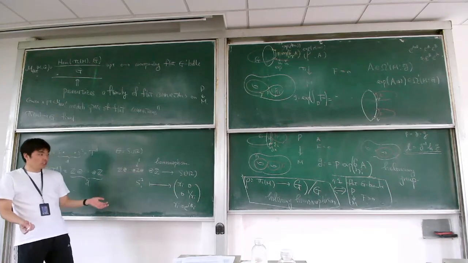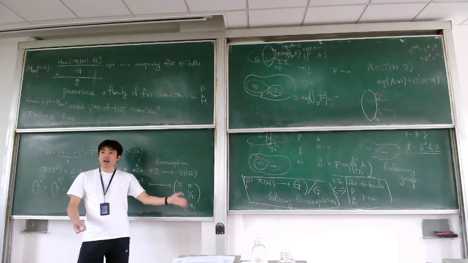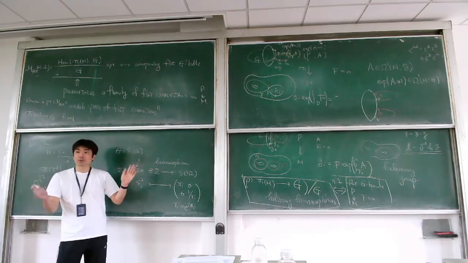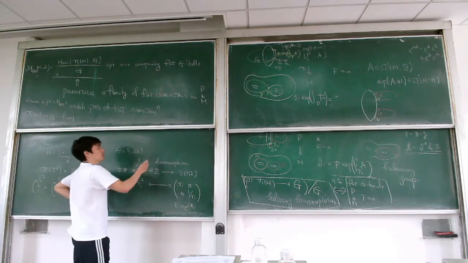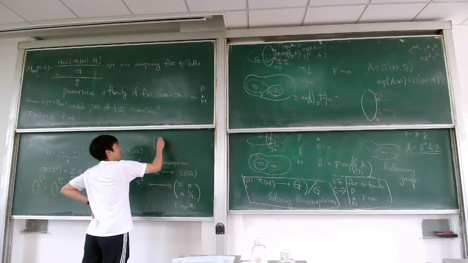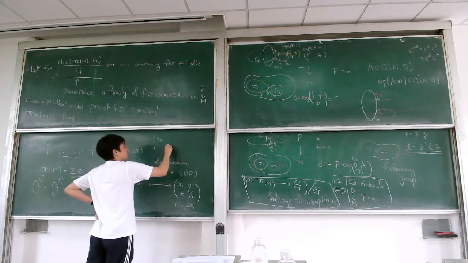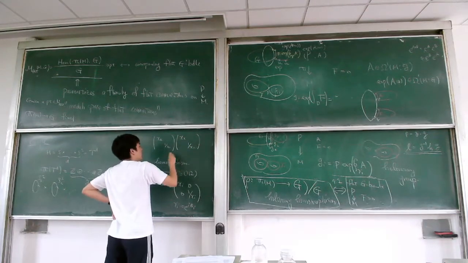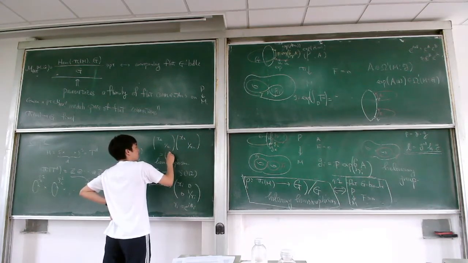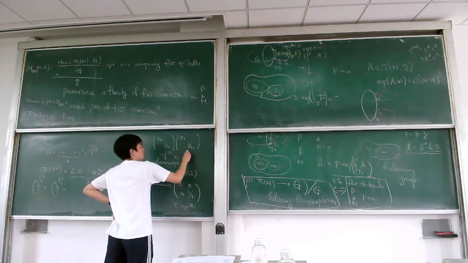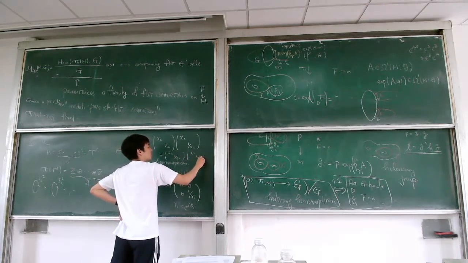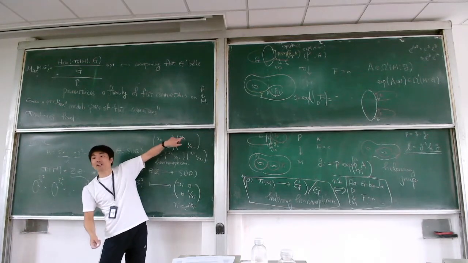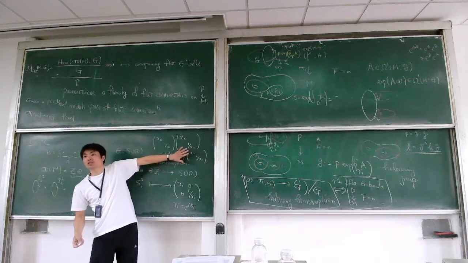The reason the image should be diagonal is that everything has to be commutative. As you know, diag(x1, 1 over x1) times diag(x2, 1 over x2) is equal to diag(x2, 1 over x2) times diag(x1, 1 over x1). That's true, right? But if you have an off-diagonal element, this is no longer true.